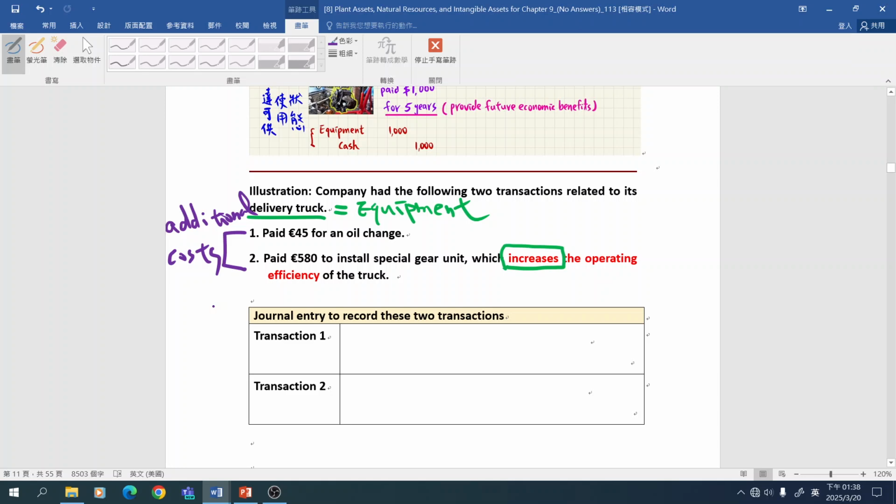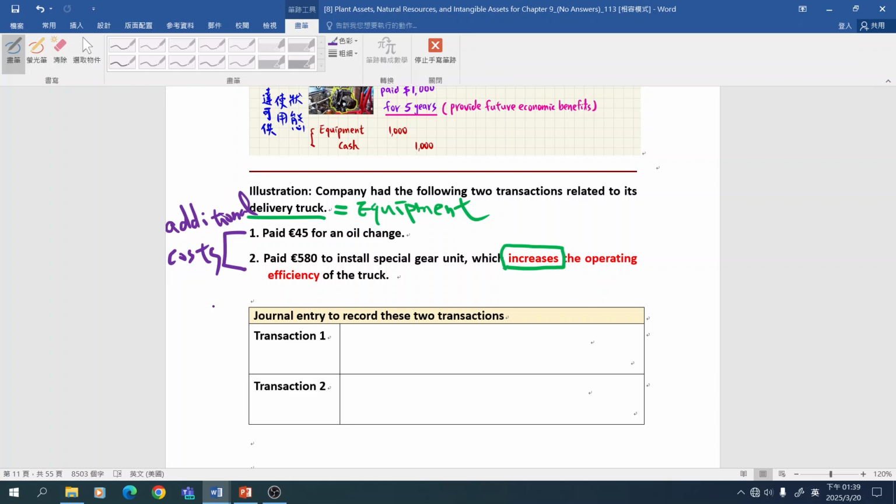Okay? After you find out that's your expense or assets, then you just write down the situation using 2 journal entries. Okay? $45 oil change is small money, right? Happened quite routine, right?